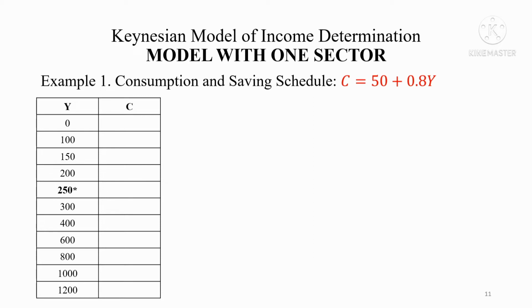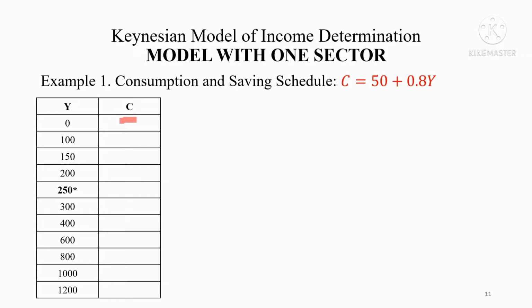So if we substitute 0 here sa y, then 0.8 times 0 is 0. So what is left is 50. So C is 50. So dito, C is 50. So we will just substitute 0 to y in the consumption equation, then do the math.